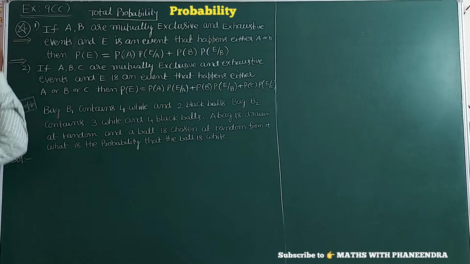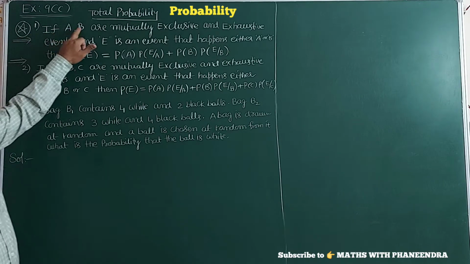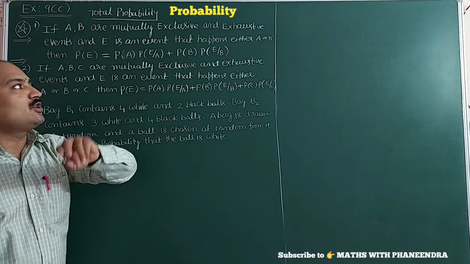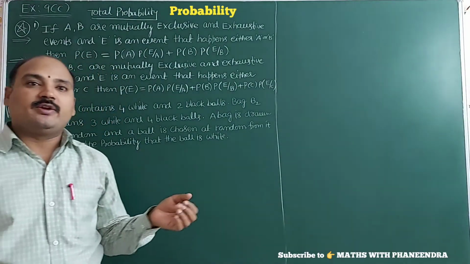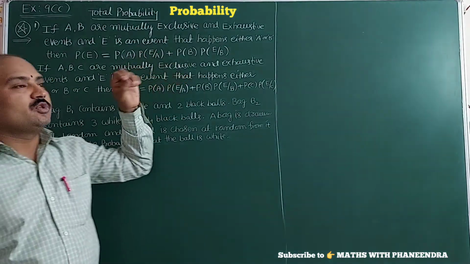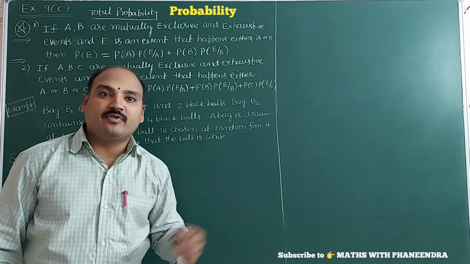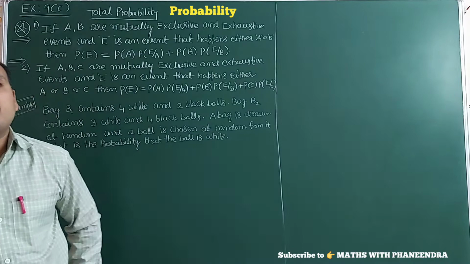Result one: if A, B are mutually exclusive and exhaustive events. We already discussed mutually exclusive and exhaustive events in the beginning of the videos, so once you go through them, dear students.